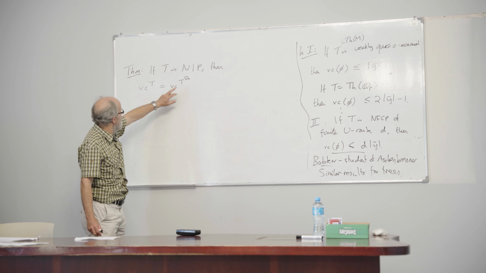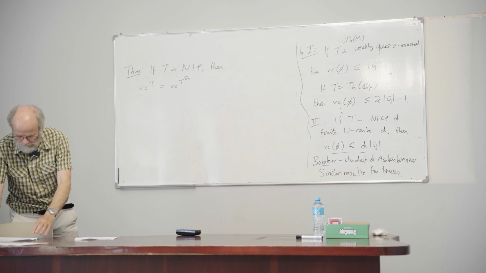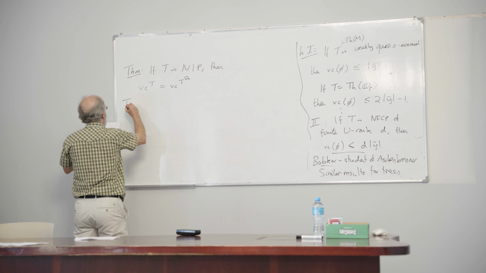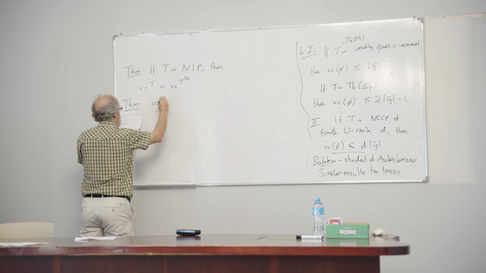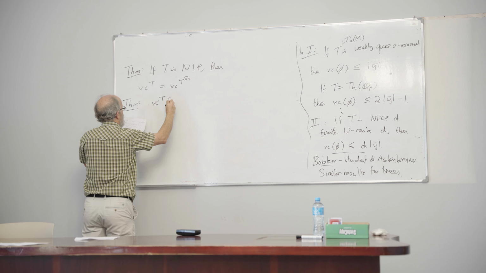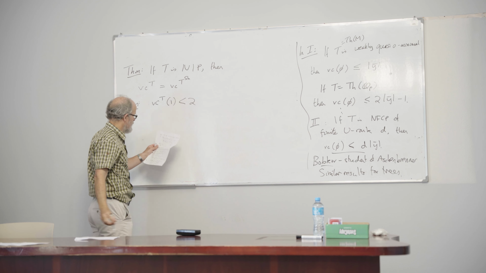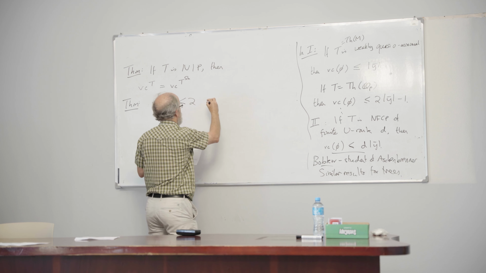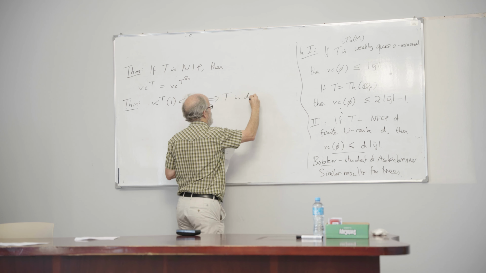So going to the Shelah expansion doesn't change this function. Another comment is that VC_T of 1 less than 2, that's looking at a single y variable, that implies T is dp-minimal.